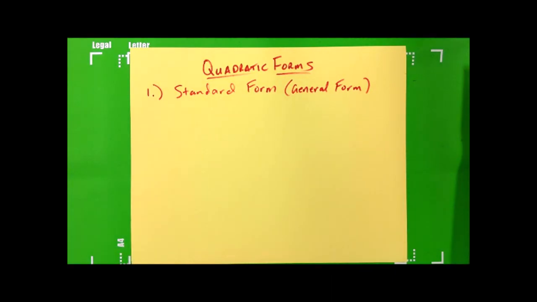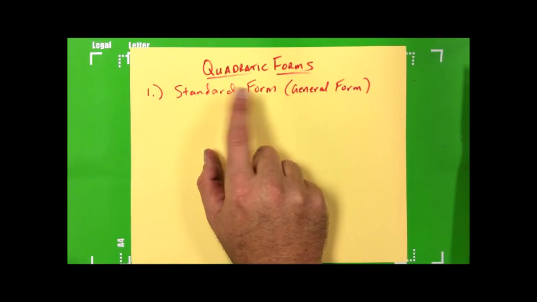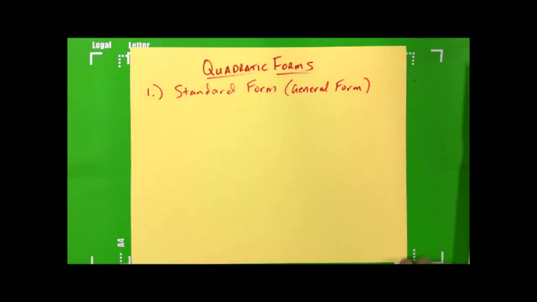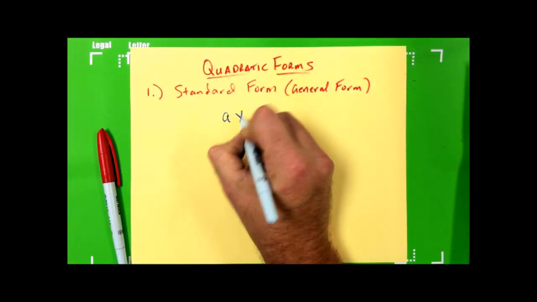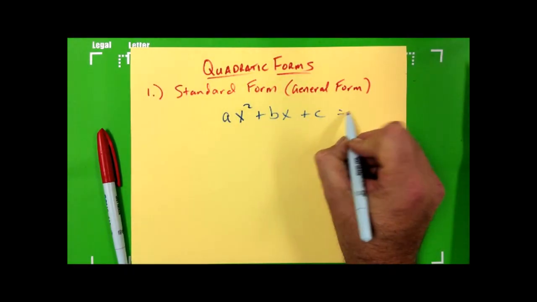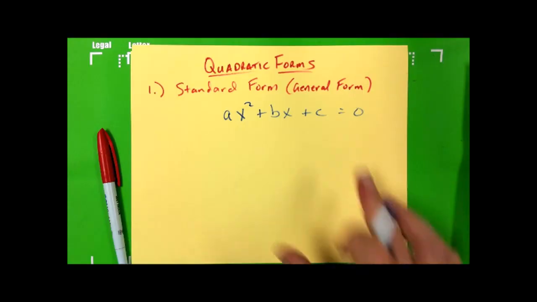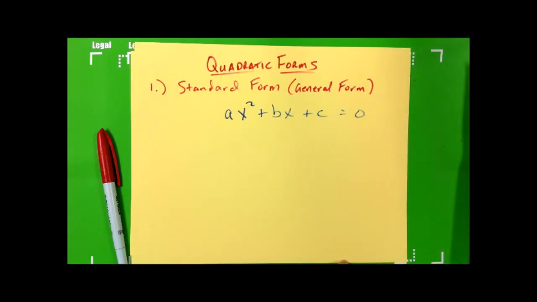Our textbook, the Larson, actually calls the vertex form the standard form, which I don't agree with. So when I talk about the standard form, I am talking about the form that is in descending order of the variable. This is the one we get our A's, B's, and C's from. Anytime you see a quadratic written this way, that's what we're talking about in the standard form.